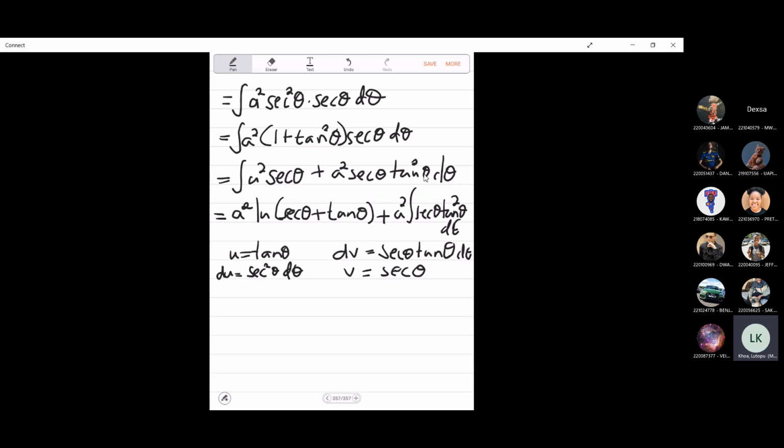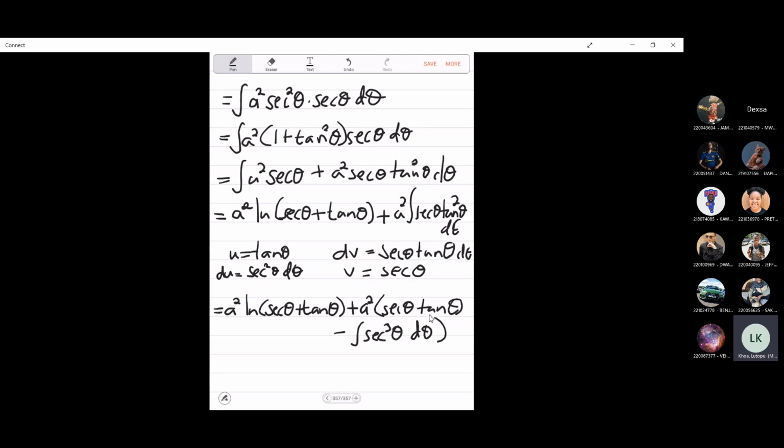Okay, so now substituting that into this integral here, we have a squared ln of sec theta plus tan theta plus a squared. The integral is u times v, so we have sec theta tan theta minus the integral of v times du. So we have a sec to the power of 3 of theta d theta. And we close the brackets.